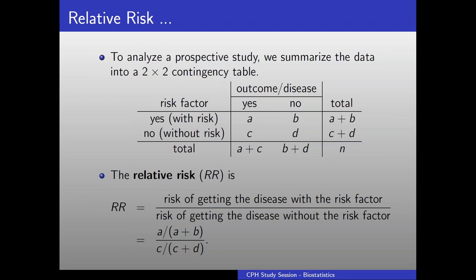From here, you can calculate the relative risk based on these cell counts. A relative risk is the risk of getting the disease with the risk factor divided by the risk of getting the disease without. It can be calculated as A over A plus B, and C over C plus D, according to how I have labeled the cells.